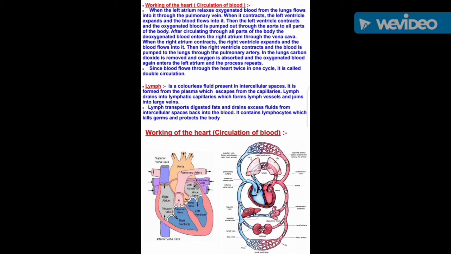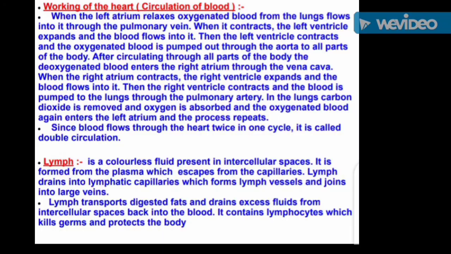After circulating through all parts of the body, the deoxygenated blood enters the right atrium through the vena cava. When the right atrium contracts, the right ventricle expands and the blood flows into it. Then the right ventricle contracts and the blood is pumped to the lungs through the pulmonary artery.